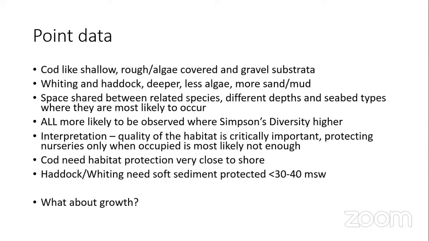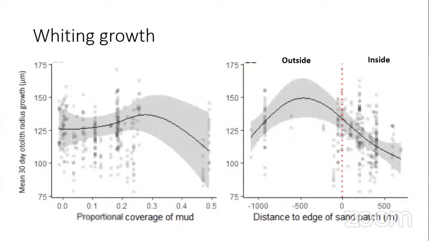But like I said, we're going to try and look at growth as well. And things get even more interesting when you get to growth. So I'm just presenting a kind of subset of the growth findings here, just for ease, really. So the data here show growth rate based on the size change of the otoliths.